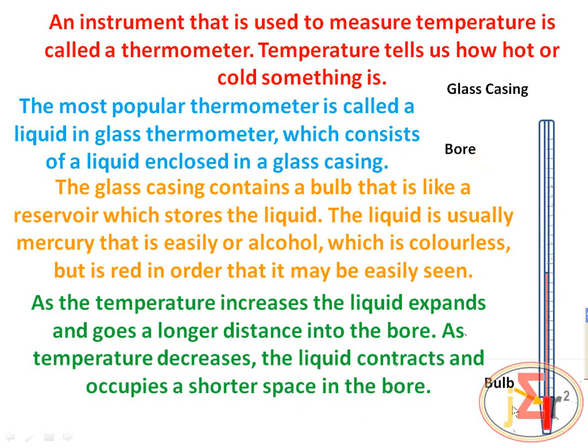When the temperature falls, or we place it in a region in which the temperature is very low, lower than the first one, the volume of the alcohol or mercury will get less. So the liquid will then occupy a shorter region in the bore.